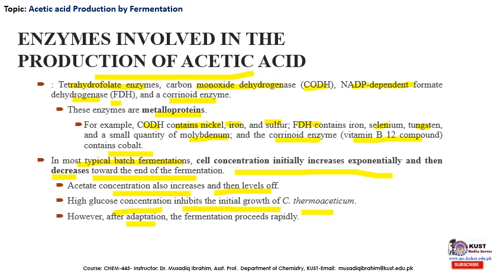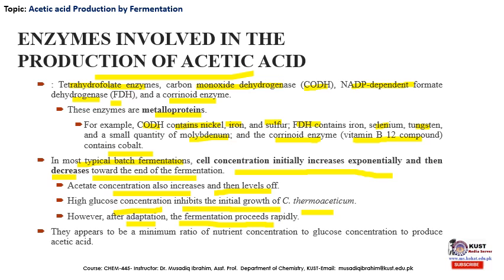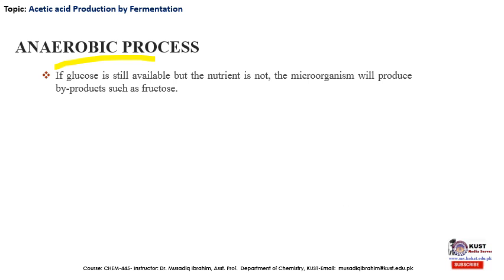However, after adaptation, the fermentation proceeds rapidly. There appears to be a minimum ratio of nutrient concentration to glucose concentration to produce acetic acid. Now, in the anaerobic process, if glucose is still available but the nutrients are not, the microorganism will produce byproducts such as fructose.